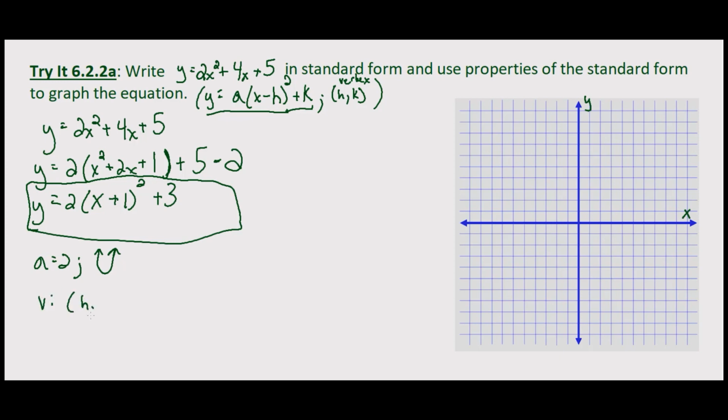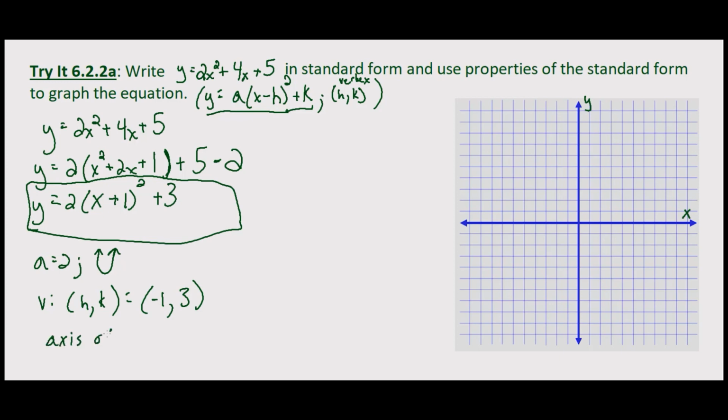That means our vertex is at (h, k), which in this case is going to be x minus negative 1. So h is going to be negative 1. And then plus k, so our k is 3. So our vertex is at (negative 1, 3).